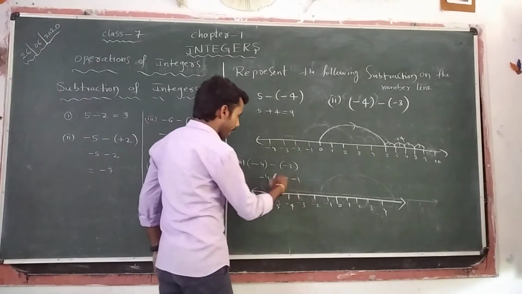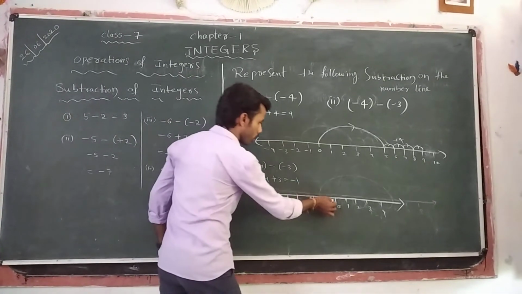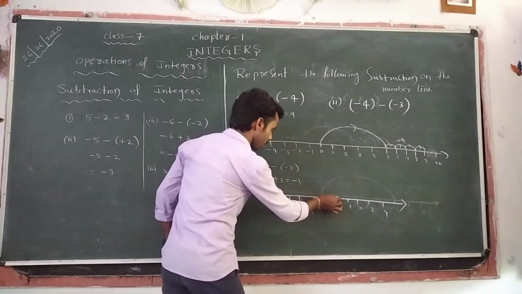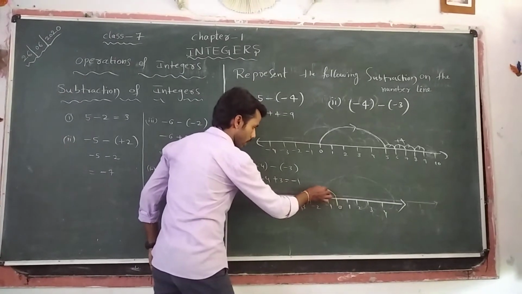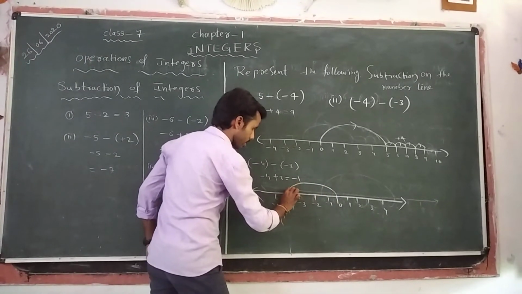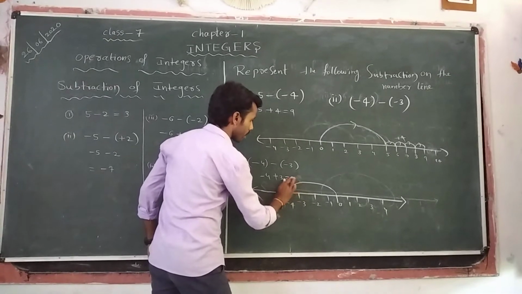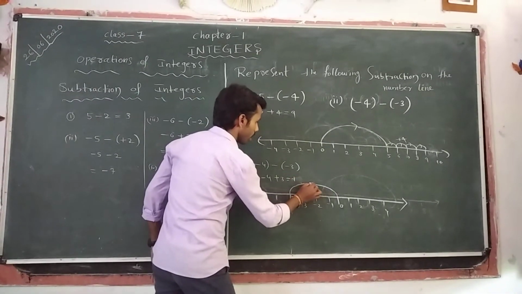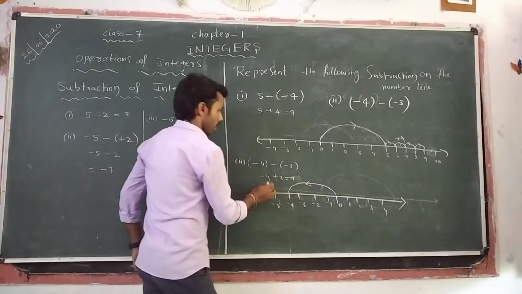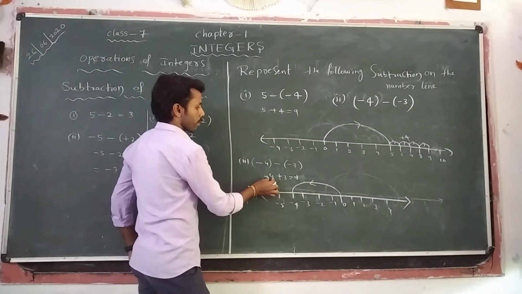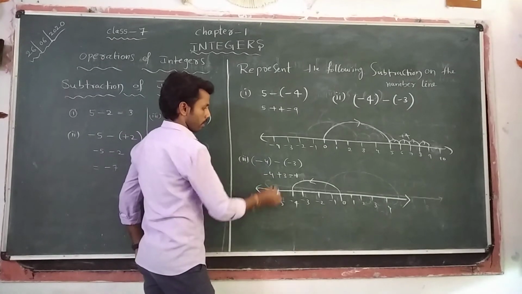First, look at the minus 4, so 0 to minus 4. It is on the left side of 0.